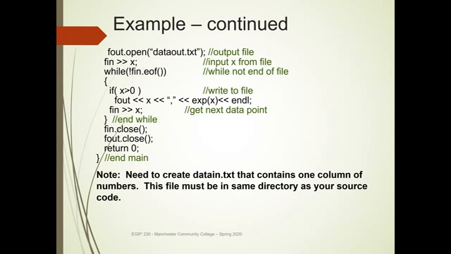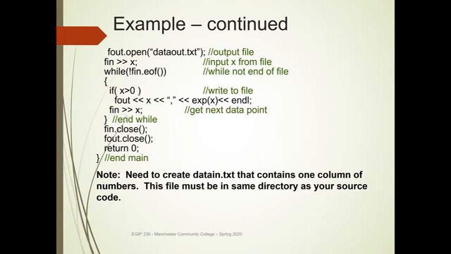All right. And the only thing here we do, inside of the while loop, we have a selection structure, an if statement that basically just says, okay, if X is greater than 0, then perform this operation, which is just getting you the exponent of X, okay? Then you read in another element.